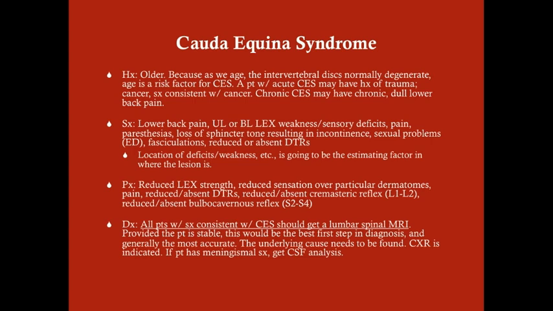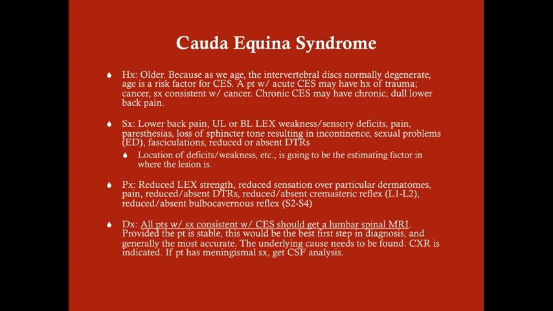So history in a patient with Cauda equina syndrome tends to be an older patient, because as we age, the intervertebral discs, as we've talked about, degenerate, and that's a risk factor for CES. Trauma, cancer, or other risk factors. These patients tend to present with dull lower back pain along with the neurologic symptoms that are typical of Cauda equina syndrome.